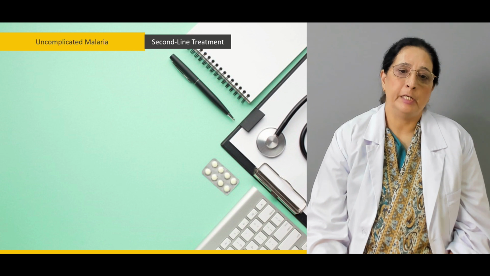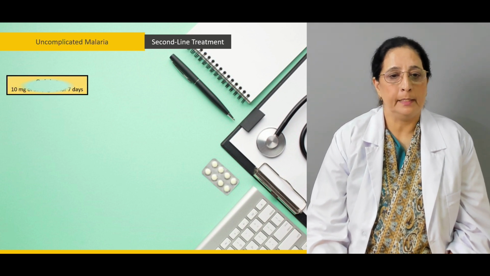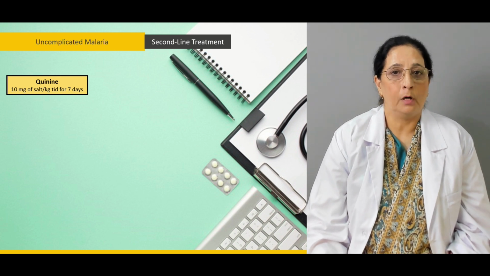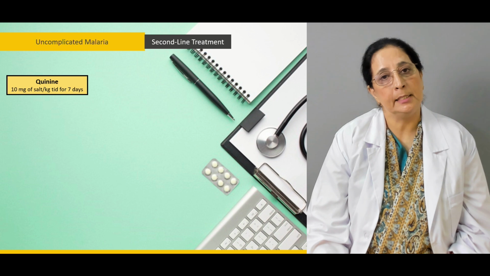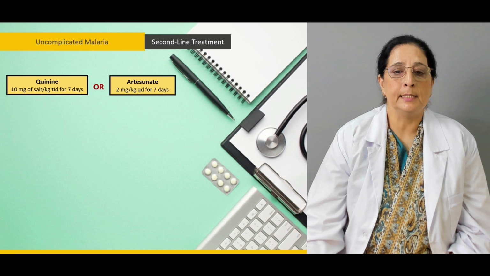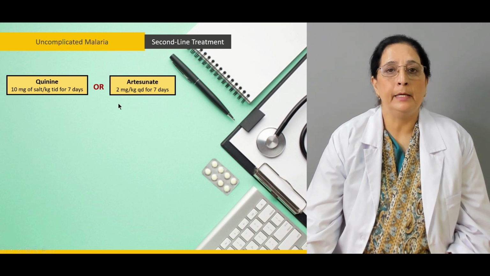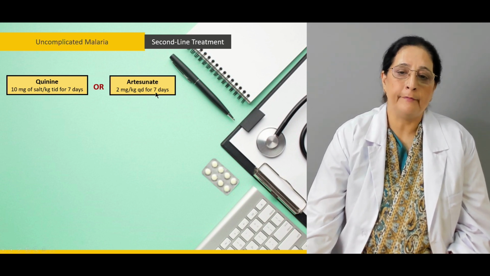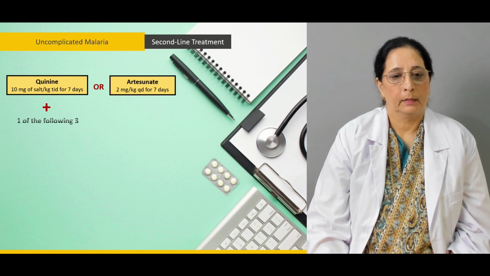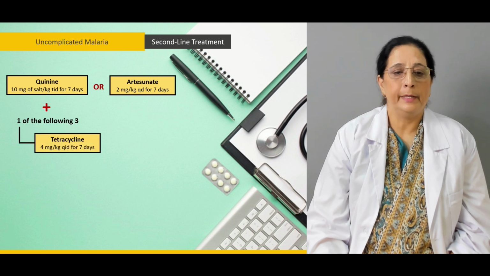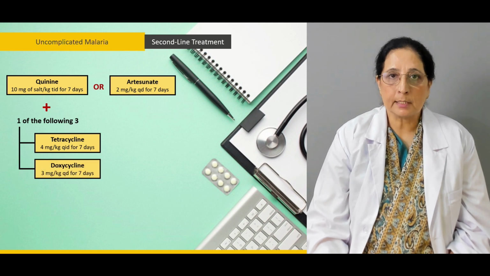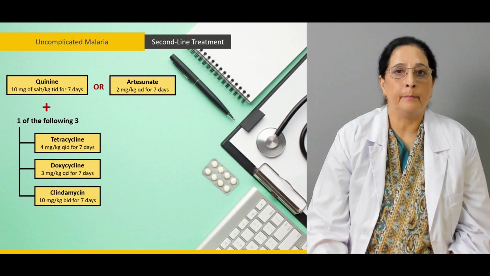Second line of treatment of uncomplicated malaria, we have quinine, 10 milligram of salt per kilogram TID for 7 days. Or we can give artesunate 2 milligram per kilogram every day for 7 days. One of the following three can be used: tetracycline, doxycycline, and clindamycin.